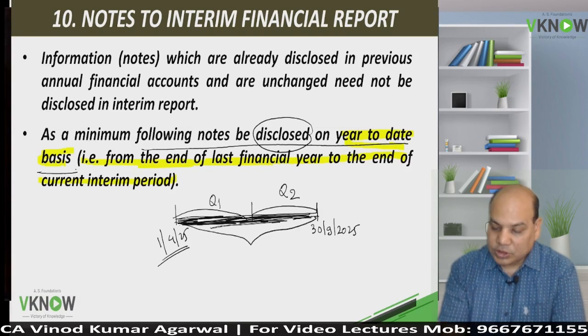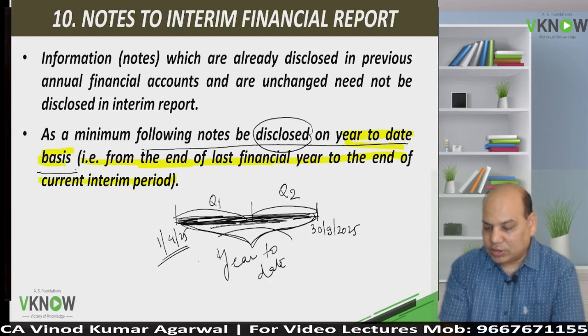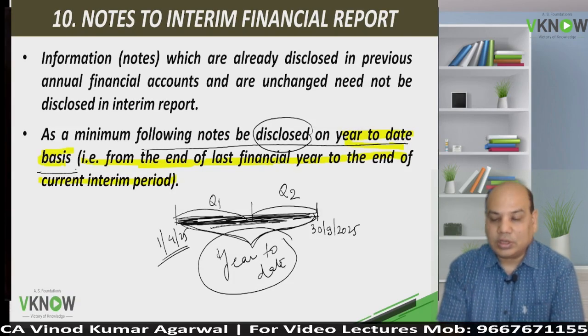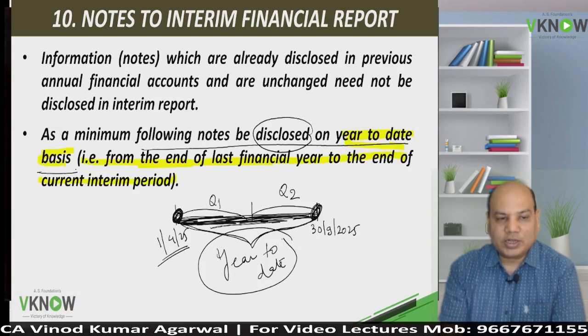If my information covers this period, it is called year to date basis. It is called year to date. That means from the start of the year till the end of the respective interim period.